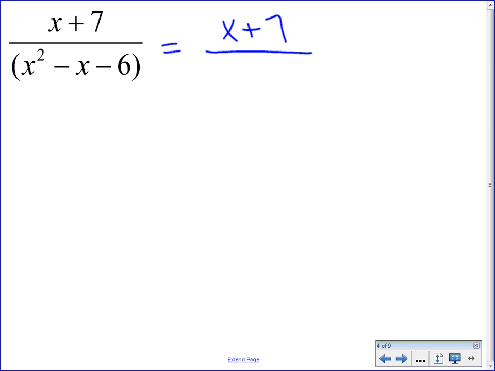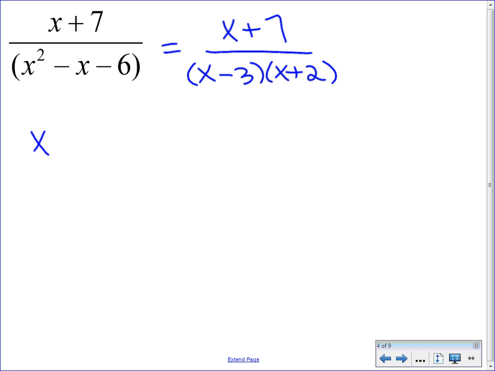What does our denominator factor to? How many fractions are we going to break this apart into? Two. There are two factors in my denominator, so we're going to break it apart into two fractions.